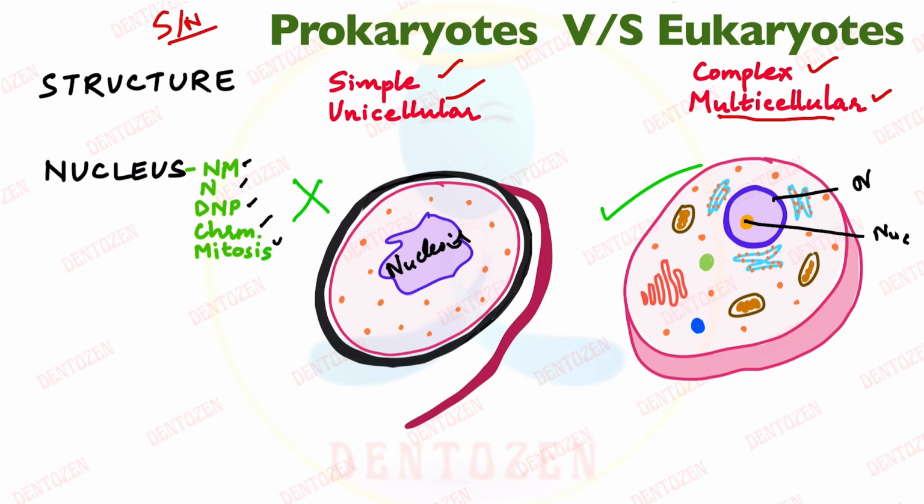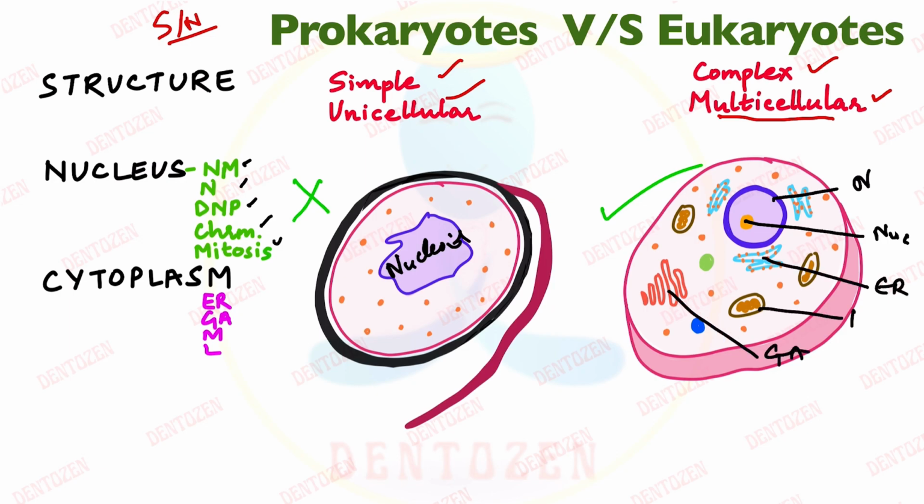Now, the cytoplasm of the eukaryotes contains so many organelles, as you can see in the picture. So there are endoplasmic reticulum, Golgi apparatus, then we have mitochondria, lysosome. So all these organelles are present in eukaryotes and they are absent in prokaryotes.